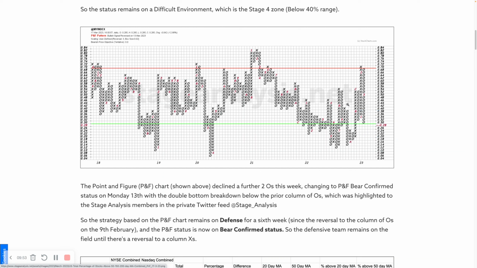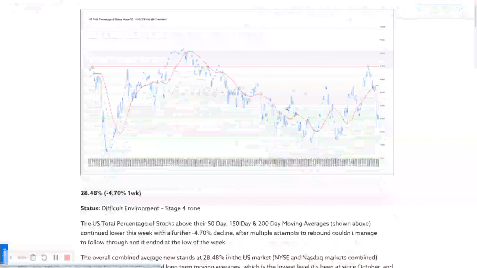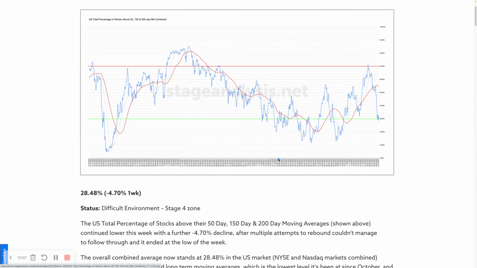We have had a quick, sharp move, a failed stage 2 attempt and a reversal back down into the range, and now back into negative territory again. If we go back to the line chart, for those that don't understand point and figure, you can see the majority of 2022 was in this lower zone below the 40% level, what we consider the stage 4 zone, with only a few brief peaks above it.